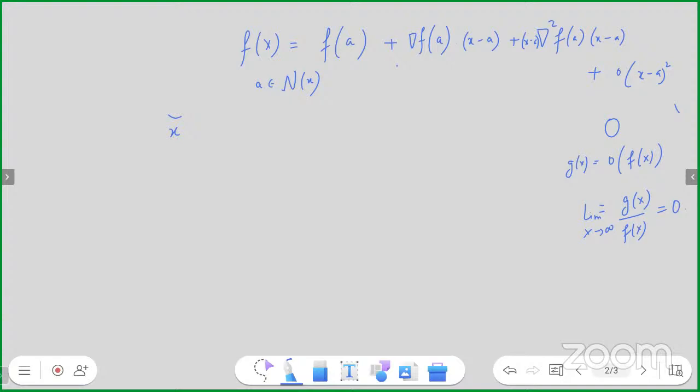So just apply the condition that f is convex.